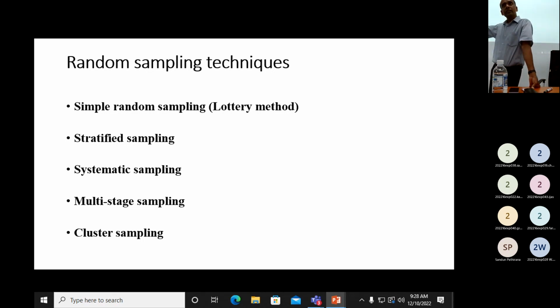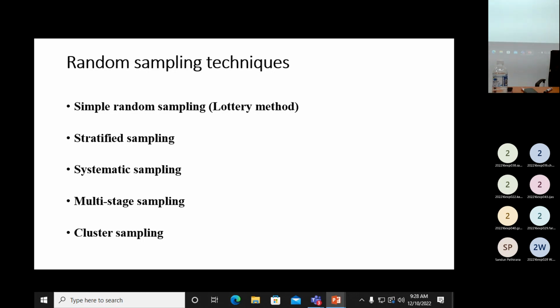Accordingly, we can see the second advantage. We can minimize biased data, because all will be represented. Therefore, we can do good analysis.